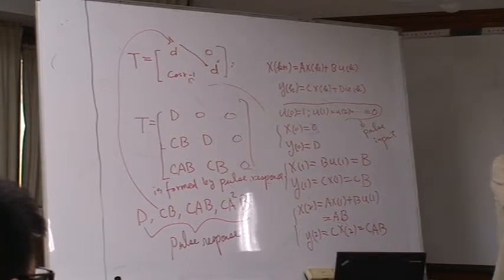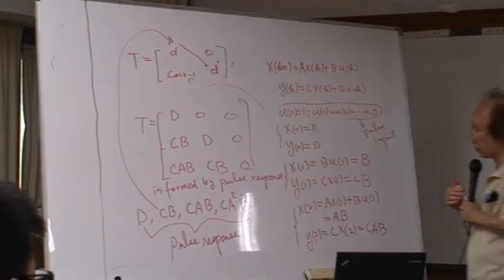Although I have a formulation here, you can program it in Simulink or MATLAB, you can just compute it very easily for single input and single output. For multiple input and multiple output, of course it's more complicated than this.